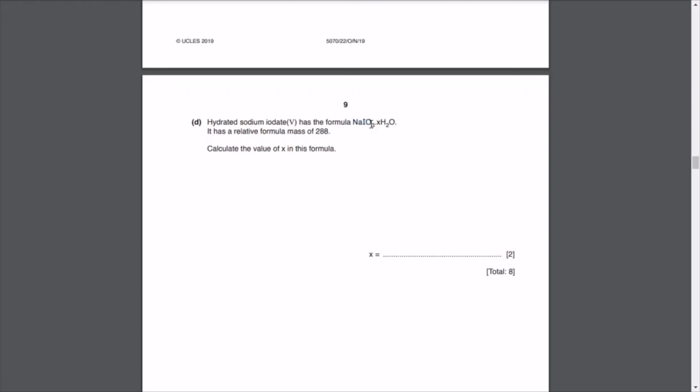NaIO3 is 198, and if we calculate, we are simply going to find x, which equals 5. These kinds of methods are related to moles, and if you want I can make a video on how to solve moles questions in detail, because it's a long topic with a lot of types of formulas in it and a bit complicated.